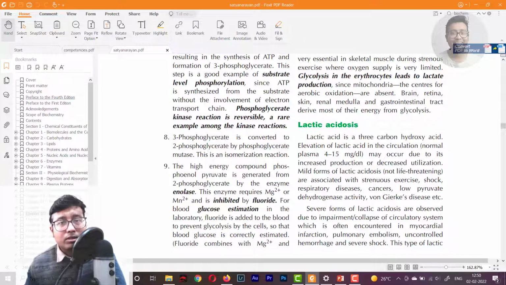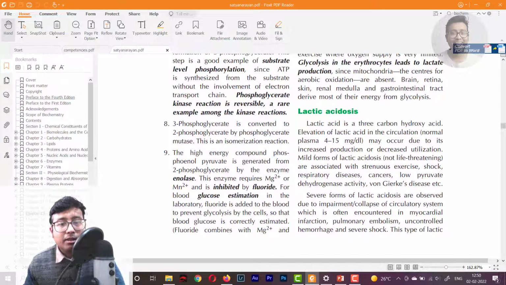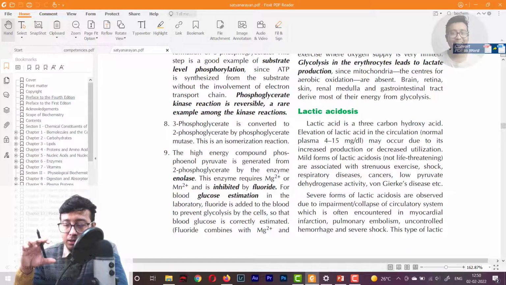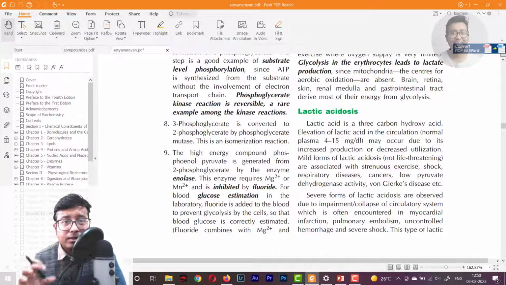Over there is a question: why do the vials used for glucose estimation contain sodium fluoride? There I have already explained in detail why it happens, but you can see the answer is given here. Basically, glucose estimation means we need to estimate the amount of glucose present in this cc of blood.